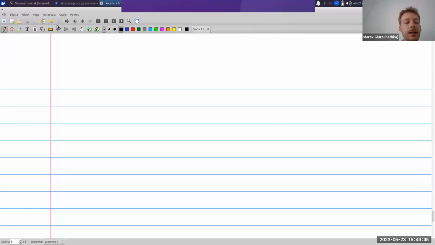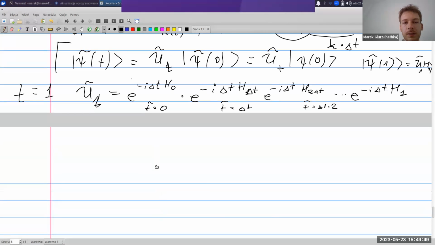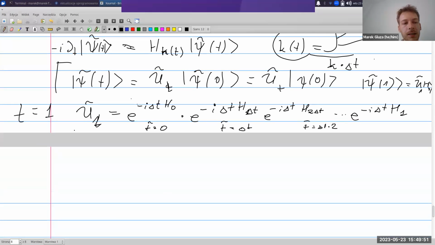So basically I have two operators. There's one thing that I should still explain. I'm applying to my psi 0 u1, and basically psi 0 I should first propagate with this evolution here.